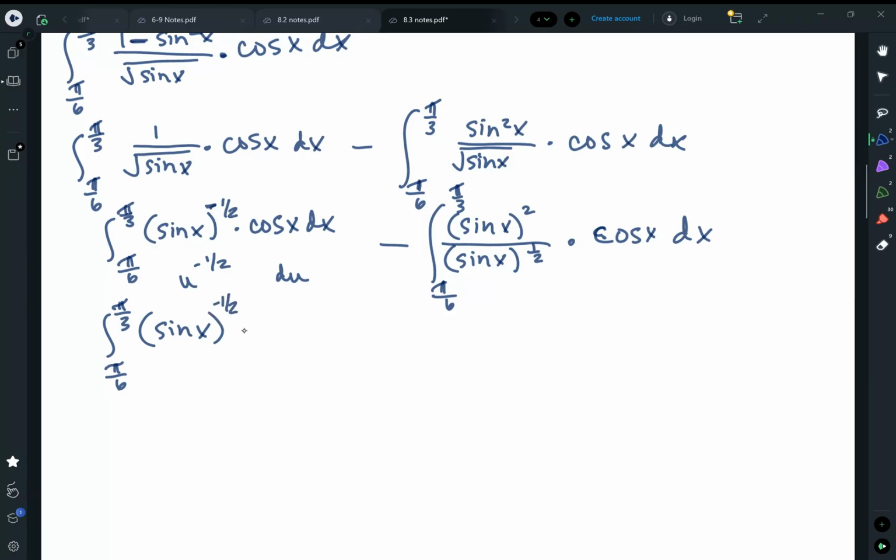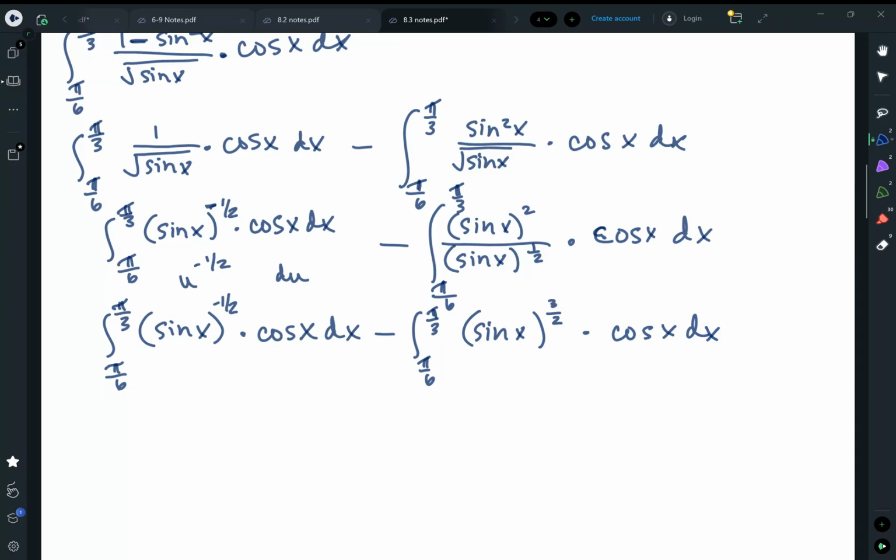I haven't looked at it. I just feel like it's not really necessary for me to do a full-on u substitution. The second one, 2 minus 1/2 is going to be 1/2, so that's going to be a 3/2 power. So over here, I've got sine of x to the 3/2 power times my du part of it.